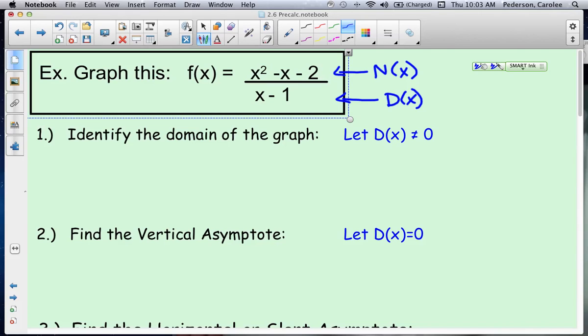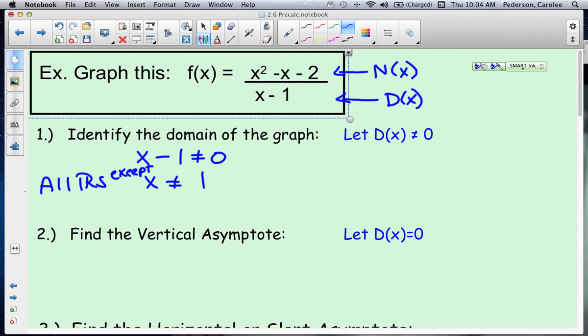X minus 1 cannot equal 0. So then x cannot equal 1. So the domain then is all reals except x can't be positive 1.